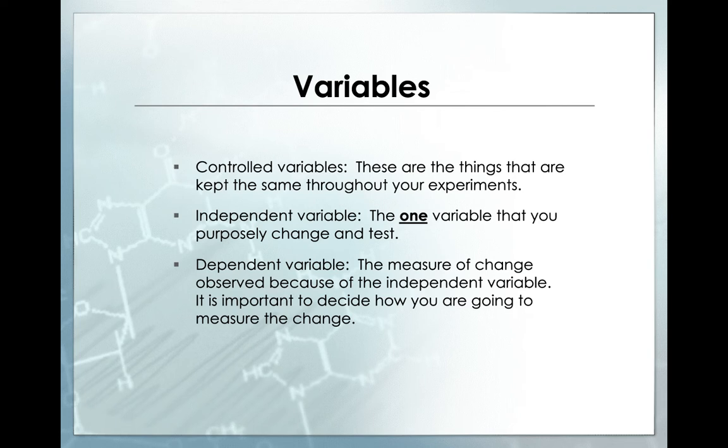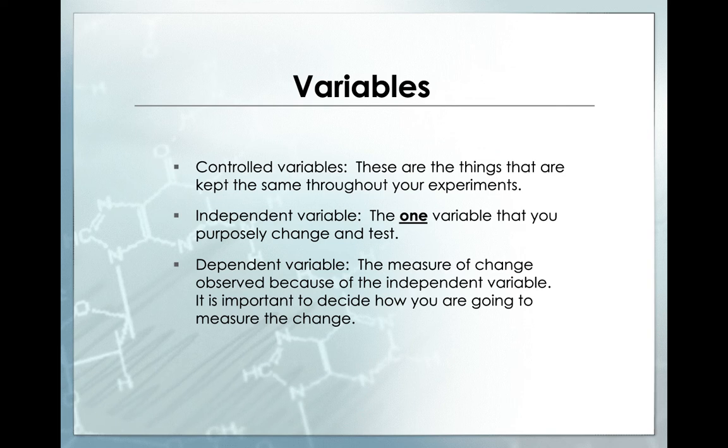So if I was measuring different temperatures of water for an experiment, maybe I'm going to keep the same amount of water in each of the cups, but I'm going to be changing the temperature in each. So one of the controlled variables would be the amount of water I used. That's going to be kept the same so that my experiment can be reliable and valid.